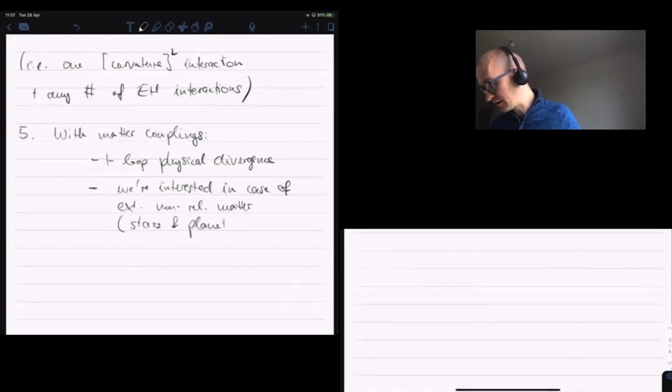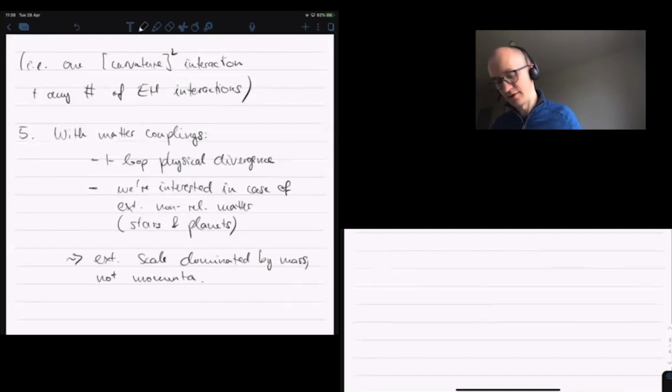And I have this discussion here that the external scale is therefore dominated by mass, not momenta. I don't know how useful this is, but we'll see in practice what that means. External scale dominated by mass, not momenta. This is just basically the non-relativistic statement that they're non-relativistic sources.